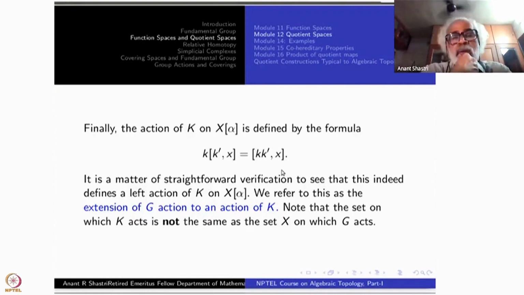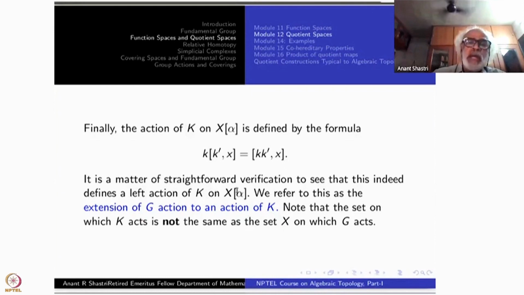So we first created room by enlarging X, created some room for K to act by just taking K cross X. Then you can take the left action, but we don't want the whole of K cross X. We have to take a quotient of that.